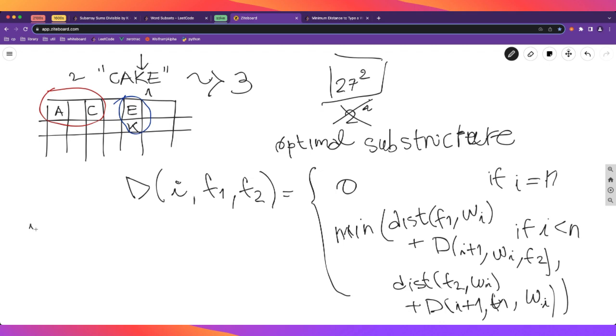And we know that I is in the range from 0 to 300 inclusive, and F1 is a letter. The number of values of F1 is 27, like we said, and the same is for F of 2.